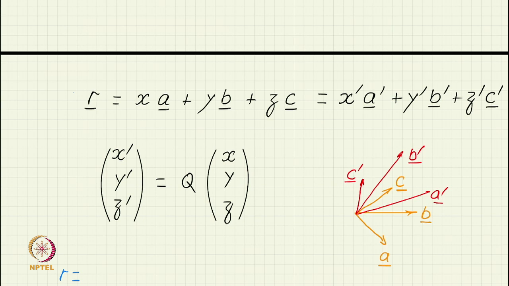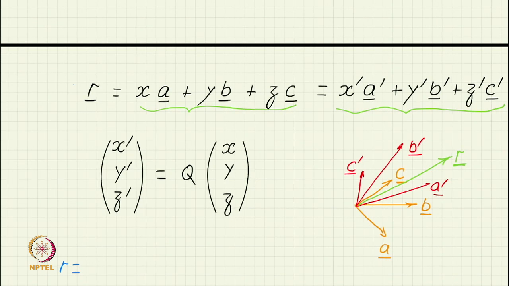Then a given vector, let me say this given vector R, will have two different representations. It can be represented as x a plus y b plus z c in the old basis A B C, or it can be expressed as x prime A prime, y prime B prime and z prime C prime in the new basis. And our goal is to relate x prime y prime z prime to x y z.